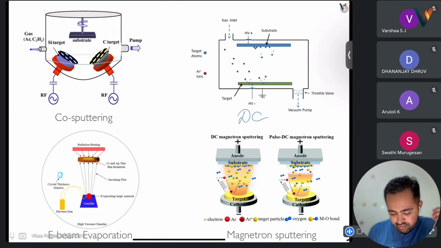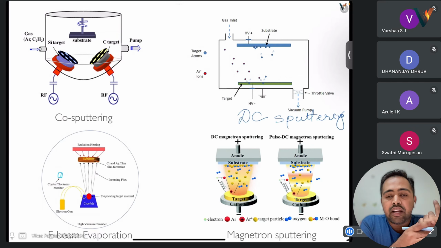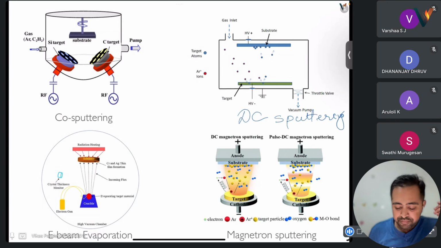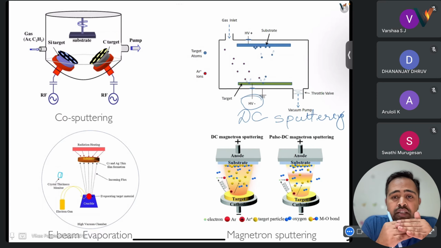Then comes DC sputtering. DC sputtering is the same one, just like the one I showed in my work, where we have a very high negative voltage on the target.